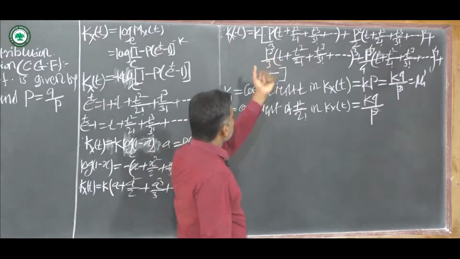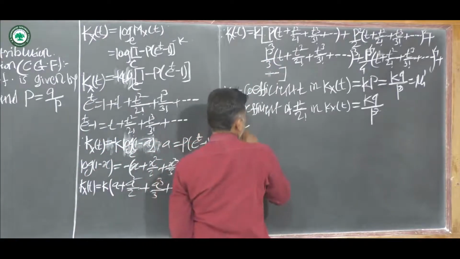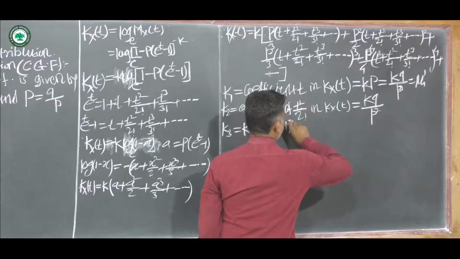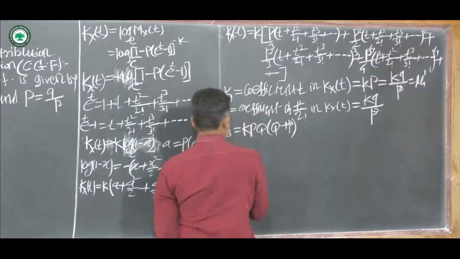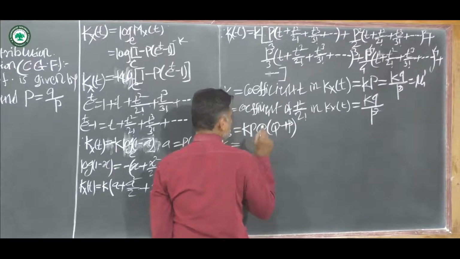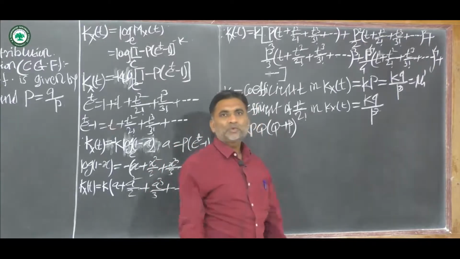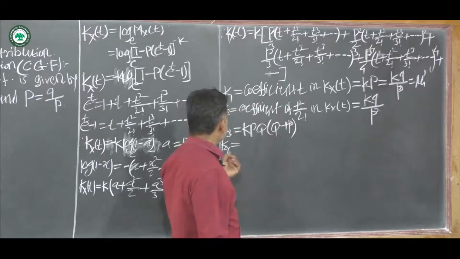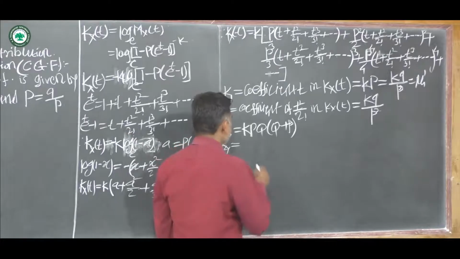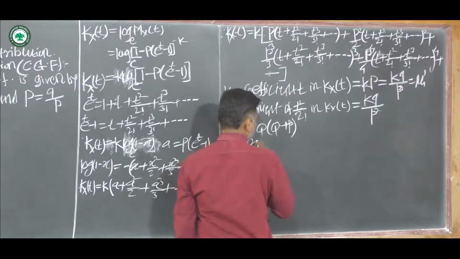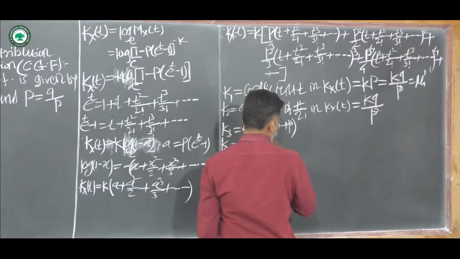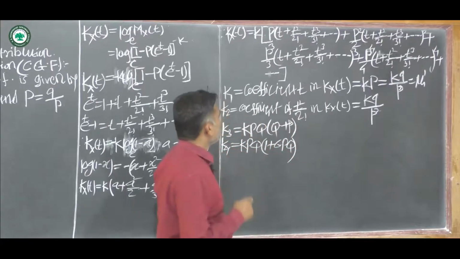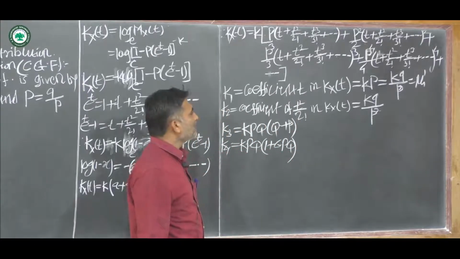Then this k3 is equal to kpq into bracket q plus p, and k4 is equal to coefficient of t raised to 4 upon 4 factorial in the expansion of kx of t. Then we have k4 is equal to kpq into bracket 1 plus 6 into pq. This is the first 4 cumulants of negative binomial distribution.